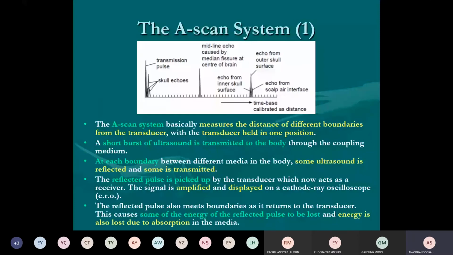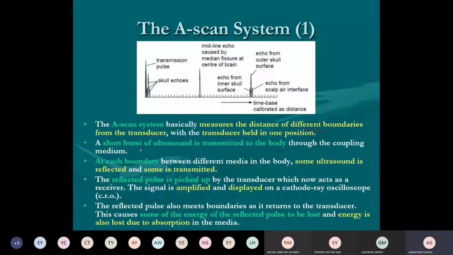Okay, sorry, I told you this only highlights points. We come to, you see, like on the head, they send the ultrasound, the skull, the midline echo caused by the median feature of the center of the brain and surface of the brain, and so on. You can get the depth, the depth to the next layer. So the A scan system measures the distance of different boundaries from the transducer.